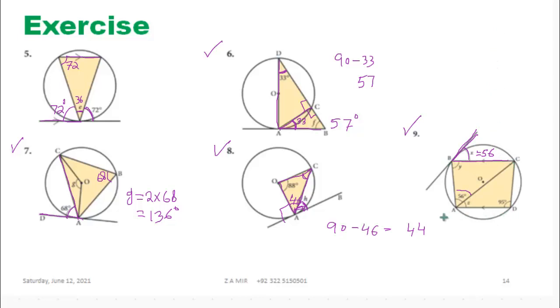And this quadrilateral is a cyclic quadrilateral. So the sum of angle D and this Y are supplementary angles. Their sum is 180. So by subtracting 95 from 180, we will get Y, which is 85.